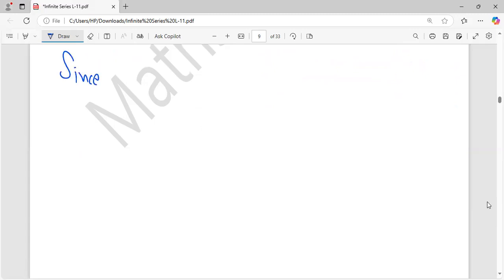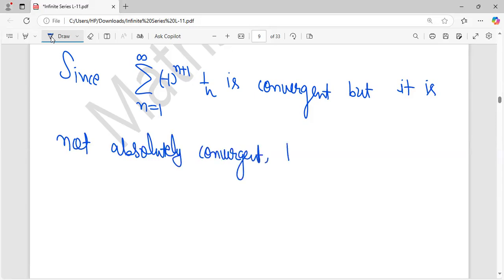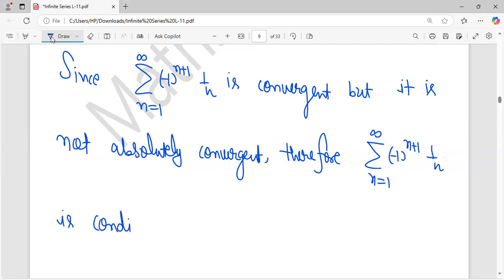Since this series is convergent, but it is not absolutely convergent, therefore summation n goes to 1 to infinity minus 1 to the power n plus 1 upon n is a conditionally convergent series.